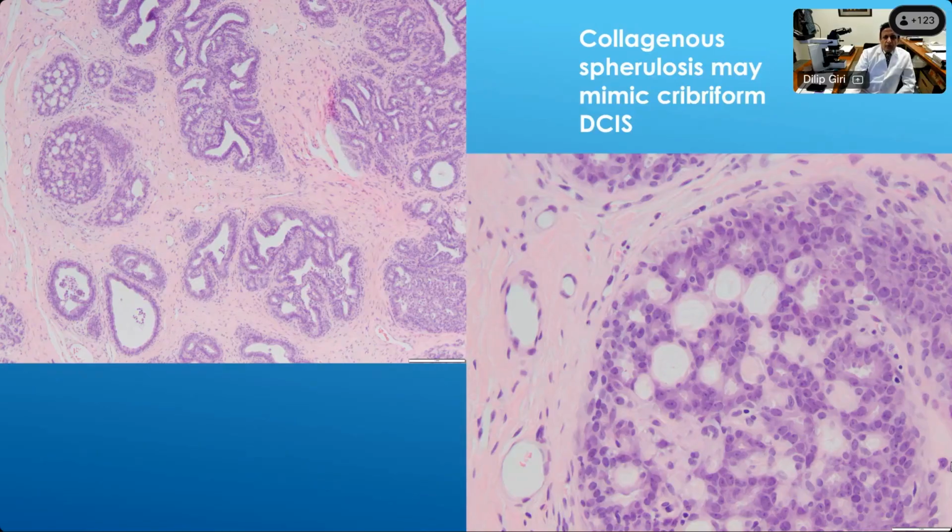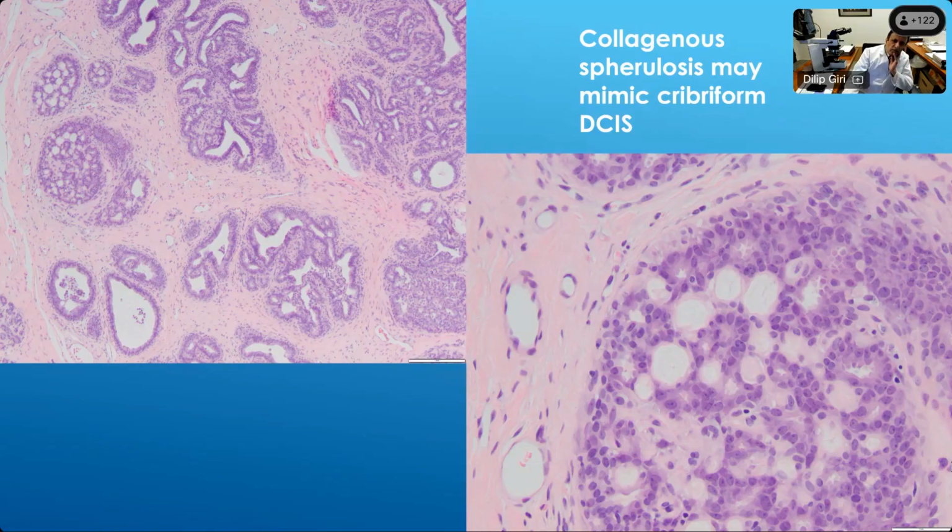Now, when you look at these spaces within this collagenous material, you will notice that this is not like a punched out space. There is actually some material here. This is the collagenous material. This is the basement membrane material, which is secreted by the myoepithelial cells. So the myoepithelial cells play a role in the production of this pseudo-cribriform appearance.